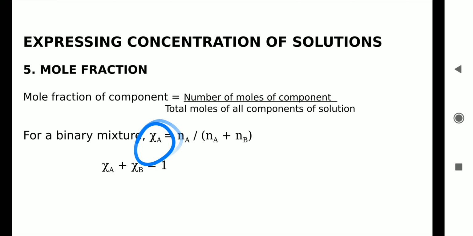So for a binary mixture, the mole fraction of A is equal to the number of moles of A divided by the number of moles of A plus the number of moles of B. Also, the sum of the mole fractions of components A and B is equal to 1. This is the rule: the sum of the mole fractions of all the components is always 1.